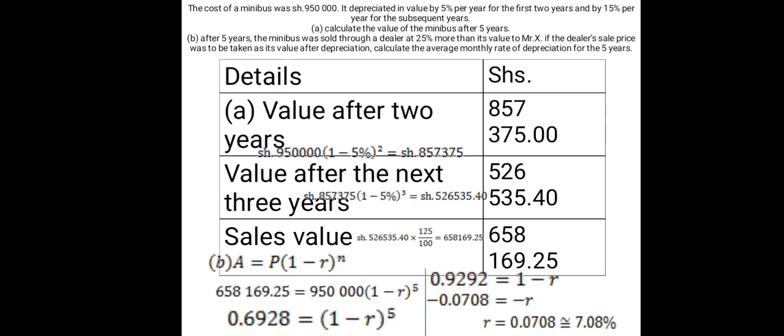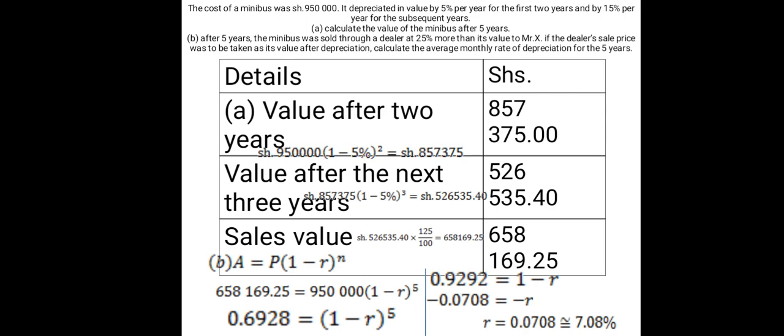Then the value in the next 3 years, we shall take the value at the end of the first 2 years, then multiply by 1 minus 15% raised to the power of 3 years, and the value is 526,535 and 40 cents.